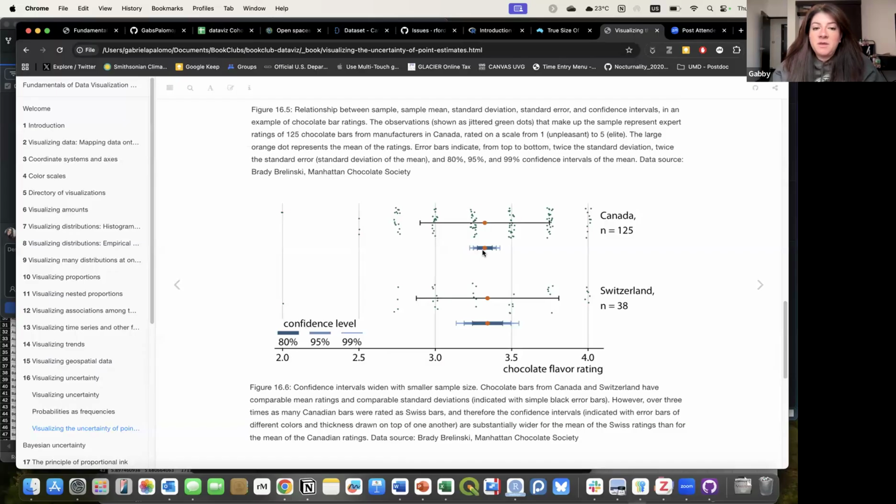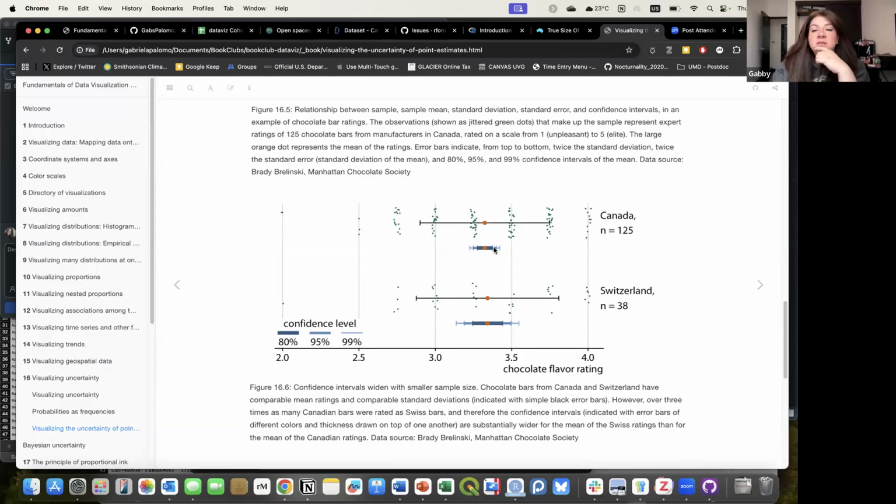The darker one means 80% confidence level. The medium color is 95%. And the lighter color is the 99% confidence interval. So that is another way of representing confidence intervals, instead of just showing the error bar.